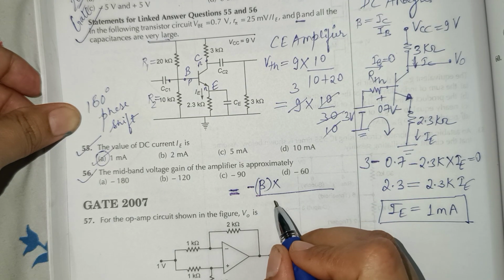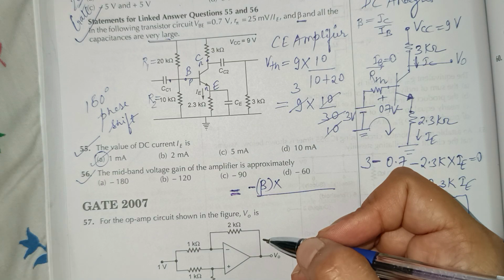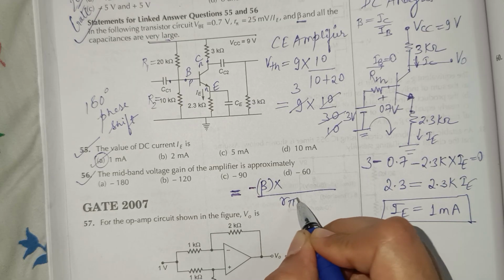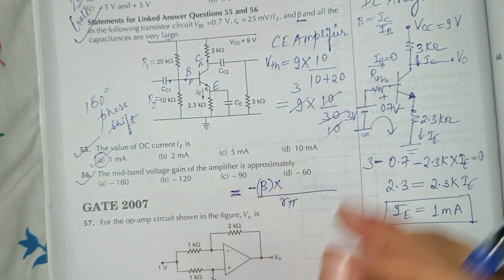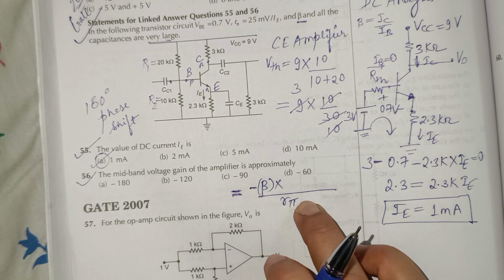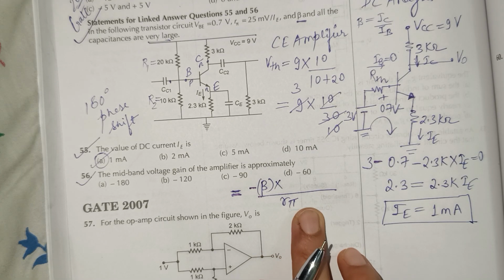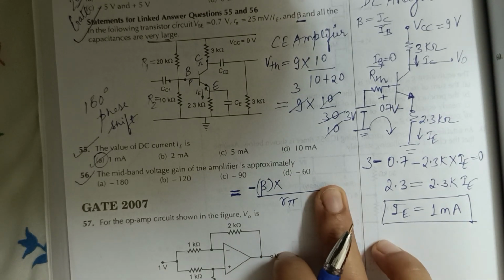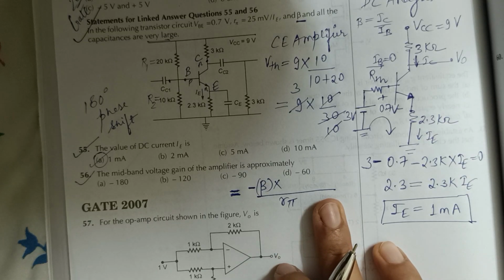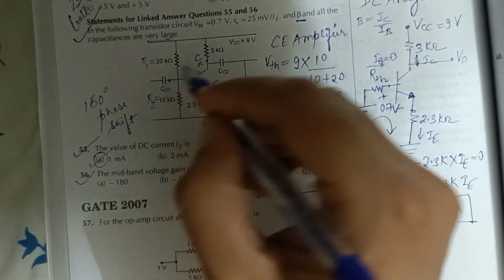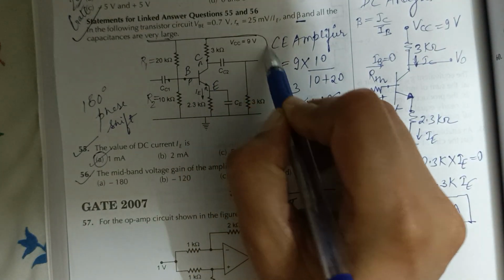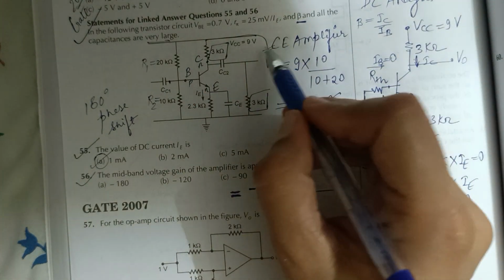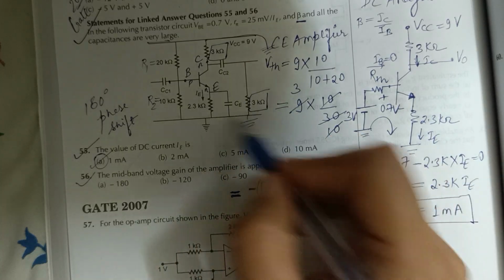So what is the impedance of a common emitter amplifier? If you apply the pi model, you know that the input impedance is R pi, and it is multiplied by the total load. So what is the load here? The load will be this, because in AC analysis this will be ground. So 3 kilo ohm and 3 kilo ohm will be in parallel, because this is ground, this is also ground, and all the capacitors will be short circuit.